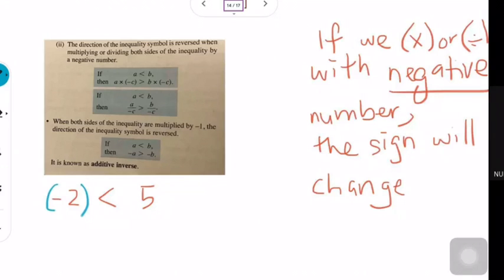So you multiply negative 1 by negative 2, negative 1 by 5. What will you get? Class. 2 and negative 5. So when you compare the values, how would you write? 2 is bigger than negative 5.